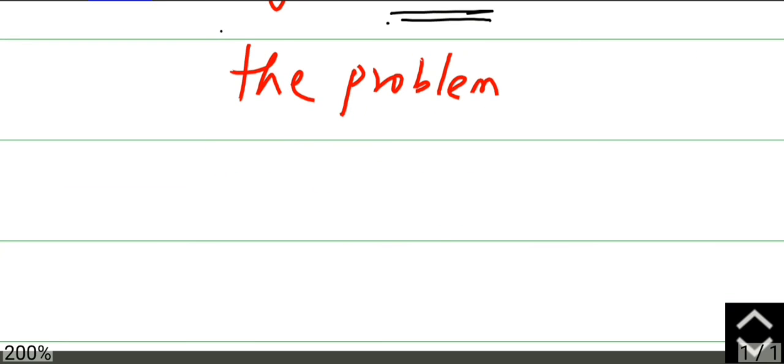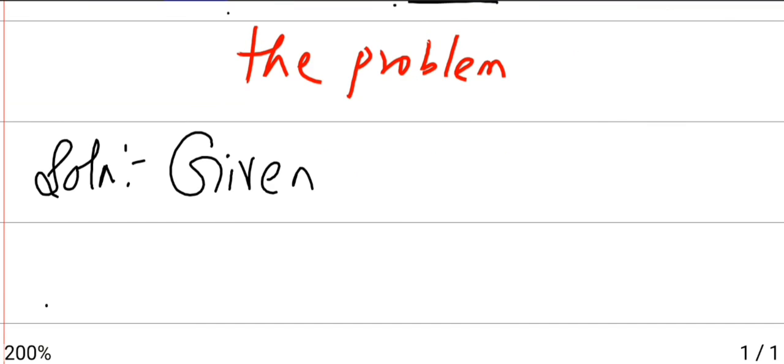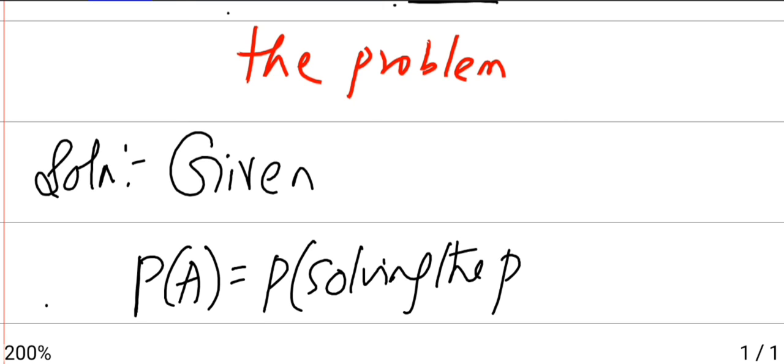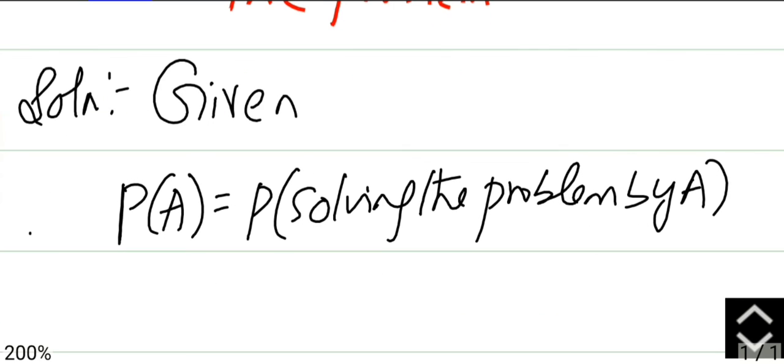So here, given is P of A. What is P of A? That is the probability of solving the problem by A, given as 1 by 2.